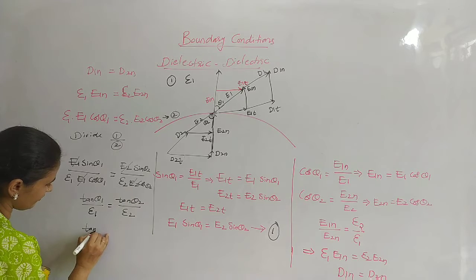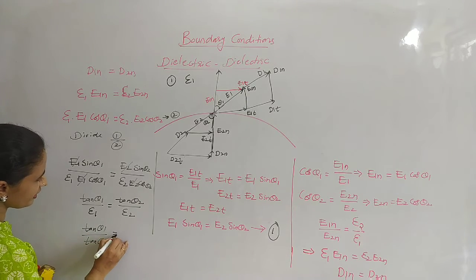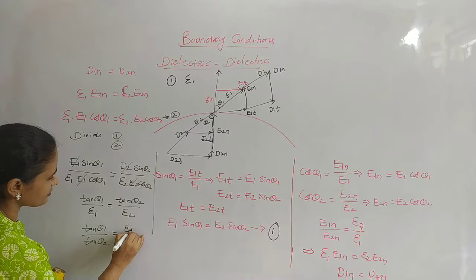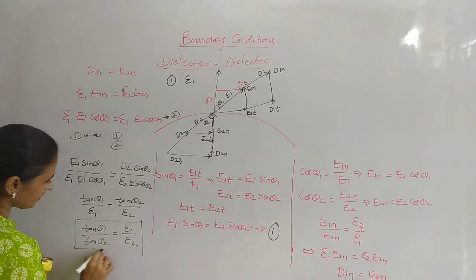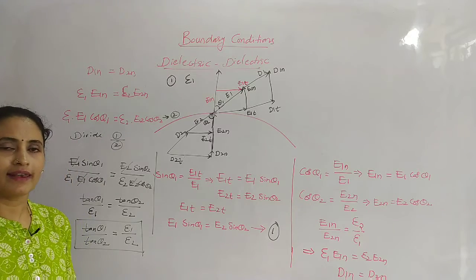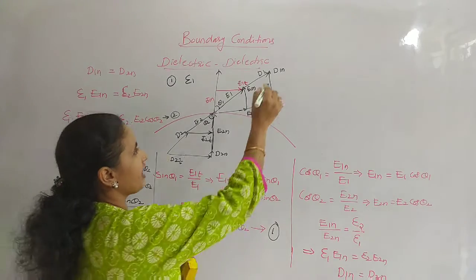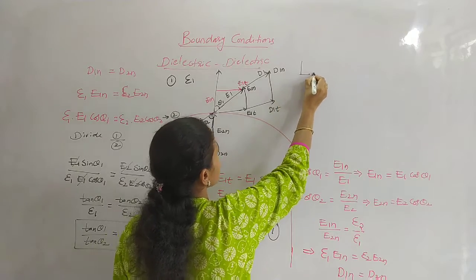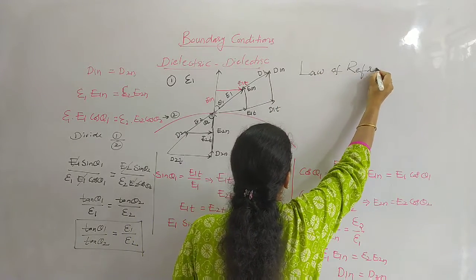So the ratio of tan theta 1 to tan theta 2 is given by epsilon 1 by epsilon 2, which is called the law of refraction. So till now what we have obtained is the derivation for the law of refraction.